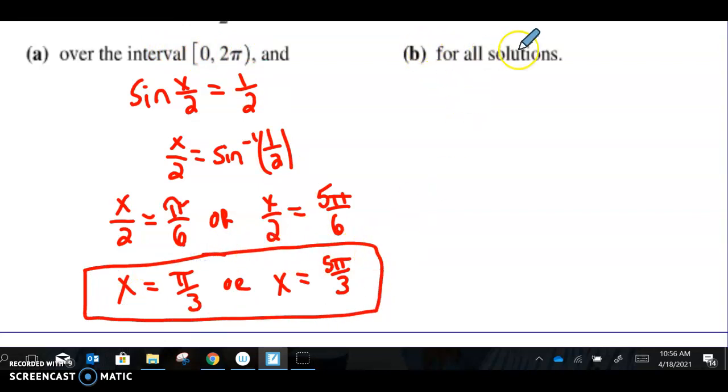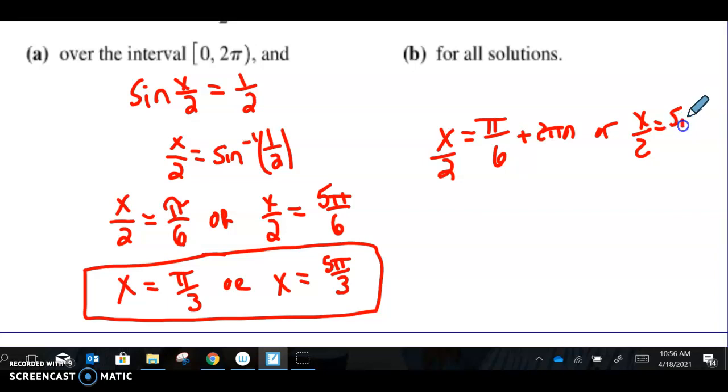Now, let's try for all solutions. Last chapter we just did plus 2 pi n every time, unless it was tangent, where we did plus pi n. So here, what I always have kids do is just do the same thing we just did. x over 2 equals pi over 6 plus 2 pi n, or x over 2 equals 5 pi over 6 plus 2 pi n.